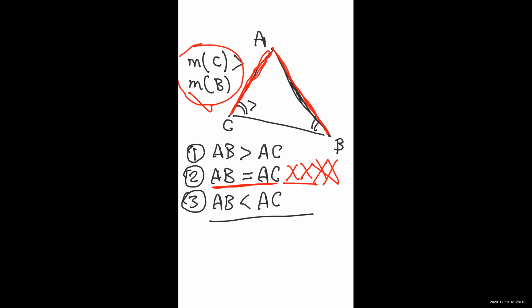If AB is less than AC, what will be the angle opposite to AB? Actually, it's C, and it's less than the angle opposite to AC, which is B. But it's given in the theorem that the measurement of C is greater than the measurement of B. So this is also refused.